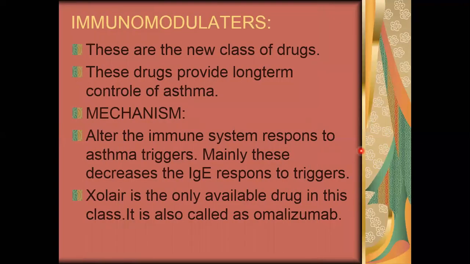And the last category of drugs is immunomodulators. These are the new class of drugs in this category. They generally provide long-term control of asthma. The main mechanism of action of these immunomodulators is that they alter the immune system by decreasing the IgE antibody response to the triggers. The one and only available drug in this category is Xolair, also called omalizumab.